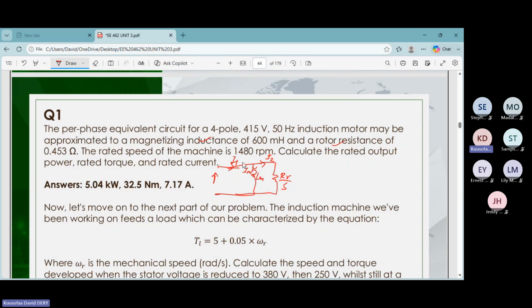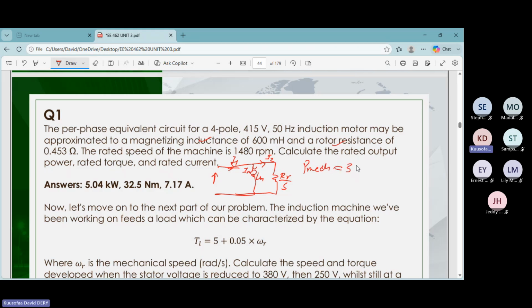So the question says we should calculate the rated output power, which is the mechanical output power. That is what we need to calculate. First of all, we saw that PMEC, the machine is three-phase, so we have to make it three-phase.